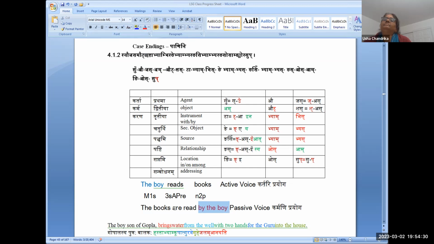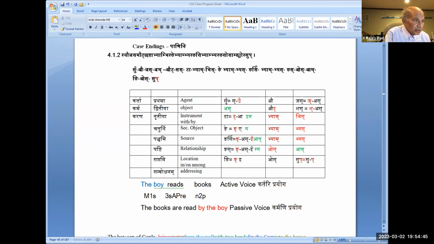And now look at this. Books is plural, so the verb has to change to plural. Reads is singular. Now if I write that here, books is neuter, and it is in pradhama vibhakti, and it is plural.